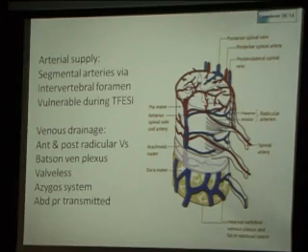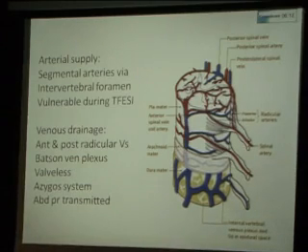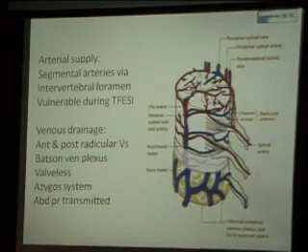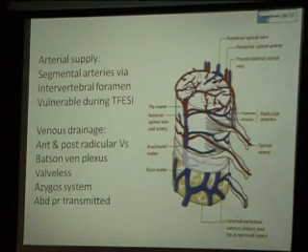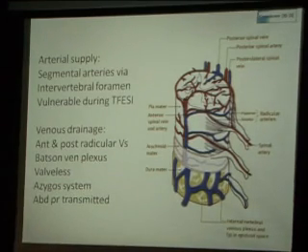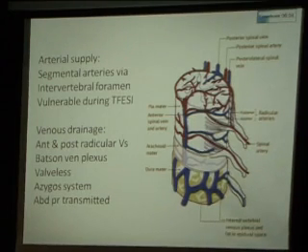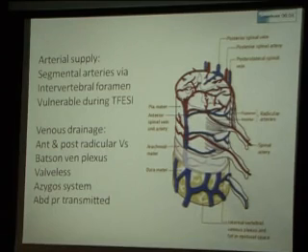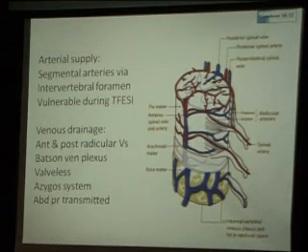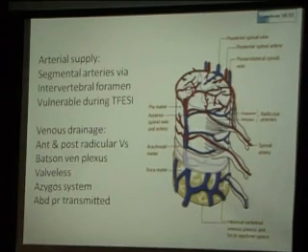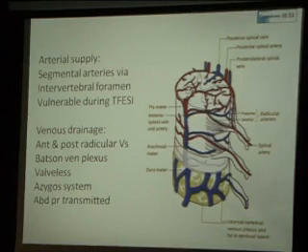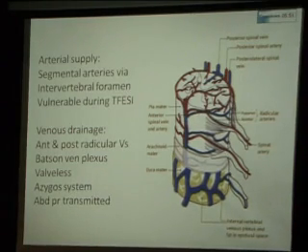Now the arterial supply comes in the form of segmental arteries, which enter the epidural space via the intervertebral foramina, and the importance of this is that when we're doing a transforaminal epidural steroid injection for chronic pain procedures, if we happen to inject into this particular artery, it can result in serious damage to the spinal cord.